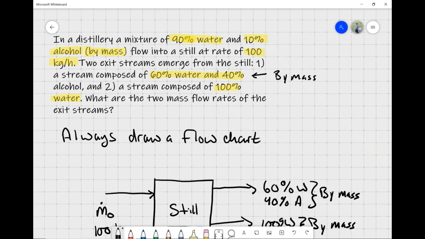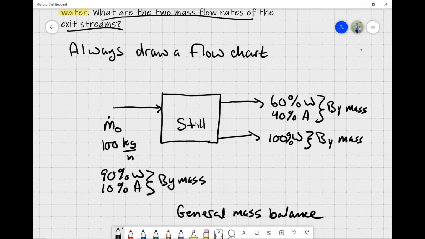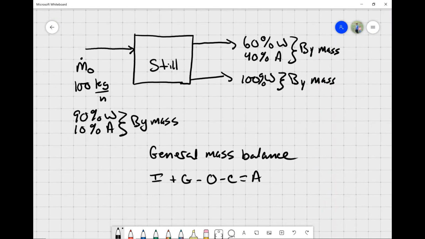It doesn't really say for how long it's flowing. It just wants to know what the two mass flow rates of the exit streams are. And so we're assuming steady state. There's no chemical reactions.